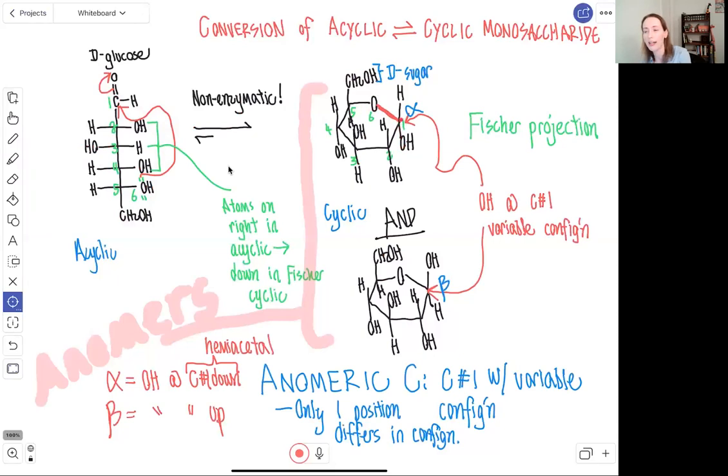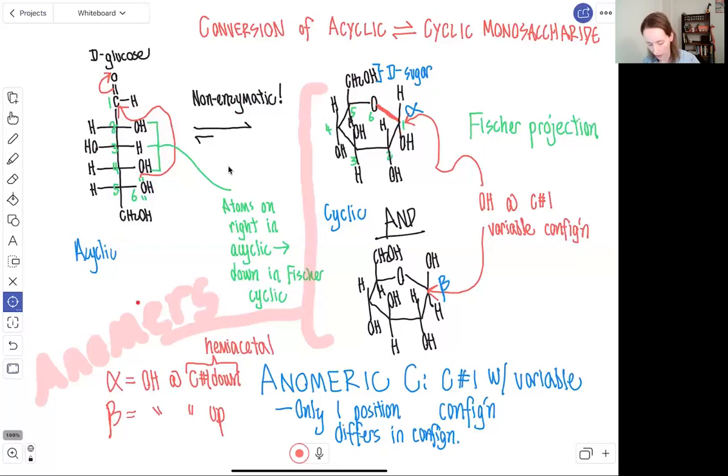So position 1 here is a hemiacetal group because it has a hydroxy group and it also has an ether group, an oxygen directly connected to another carbon there as we go around the ring. So alpha and beta are the two ways to describe this based on the orientation of the hydroxy group. So that is one way that we can go about describing these.